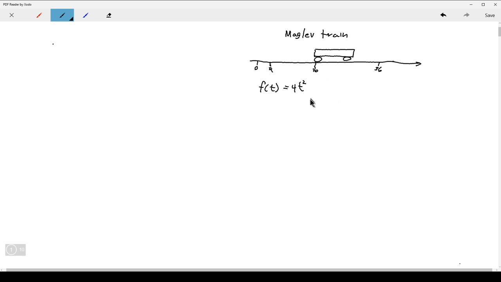And we discovered after some experimentation that the derivative of the position represented the velocity or the speed of the train. So this is position.